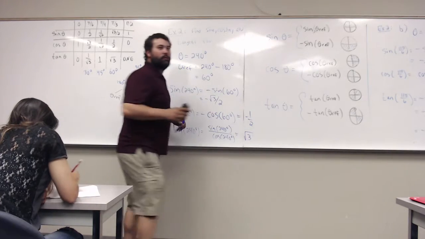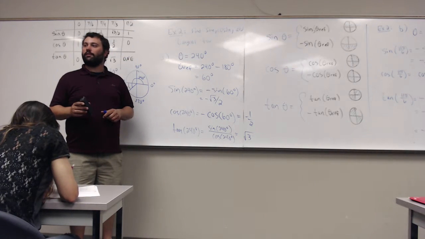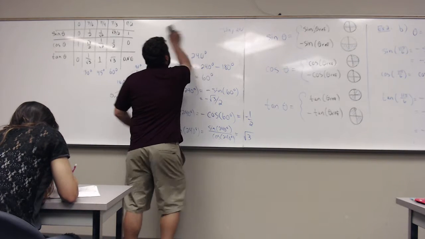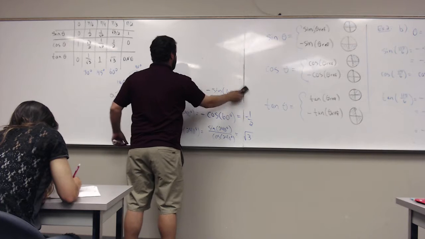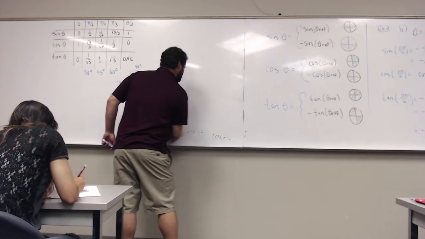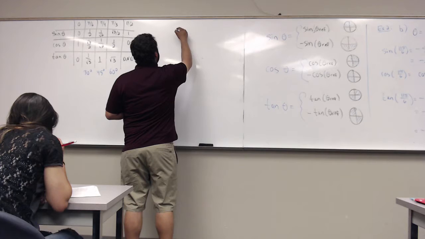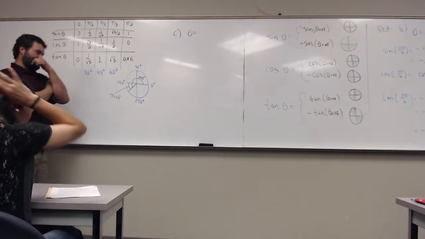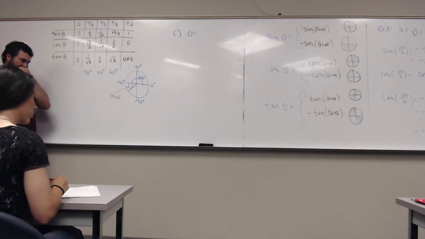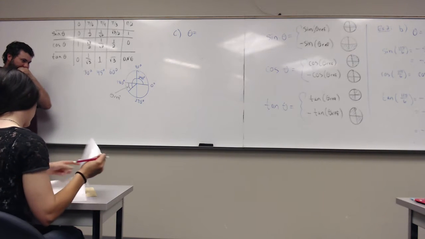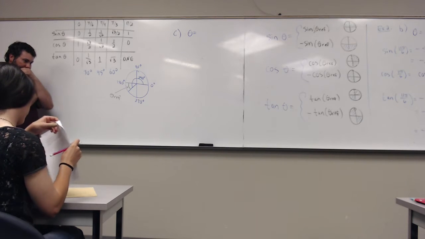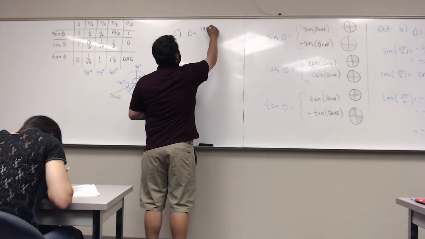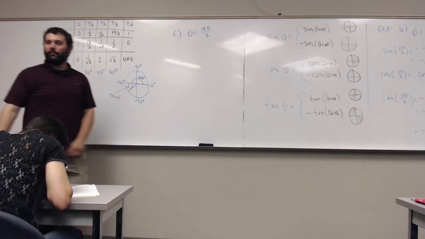Is it okay if I give everyone something that's outside of 0 and 2 pi real quick for practice one more time? If you like, you can call this part C. So let's say the angle theta is 19 pi over 3.